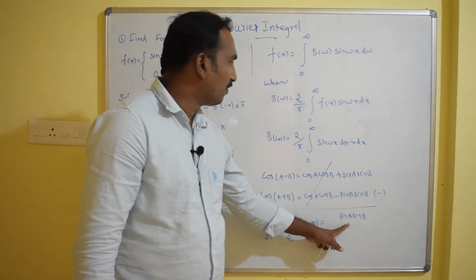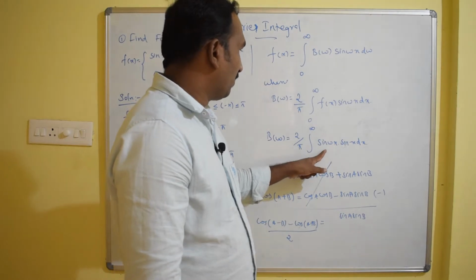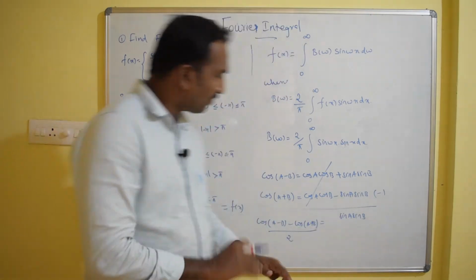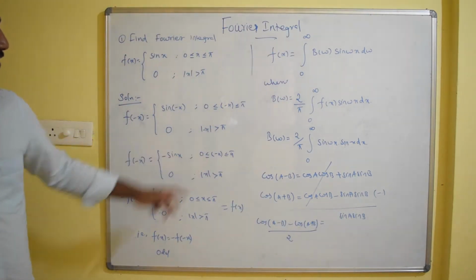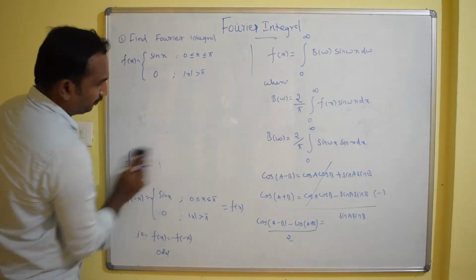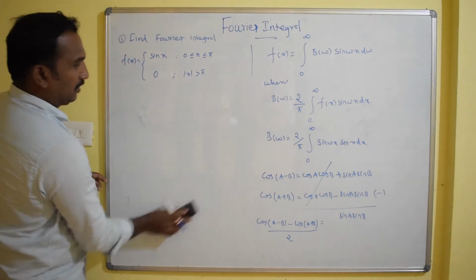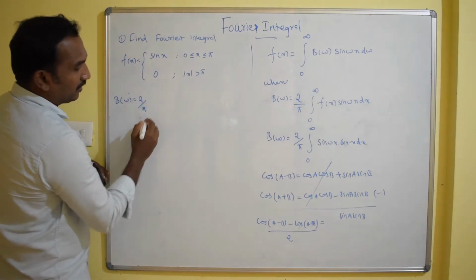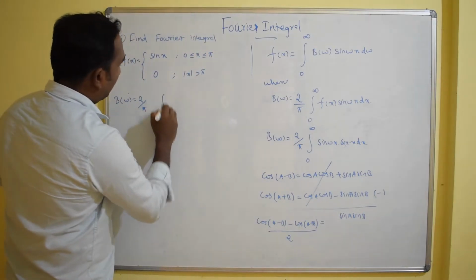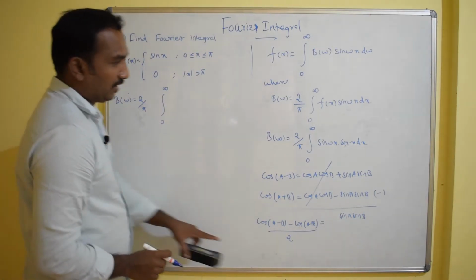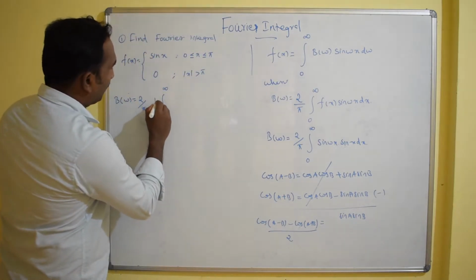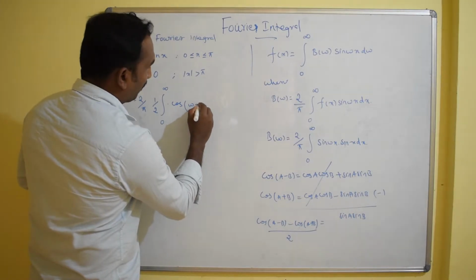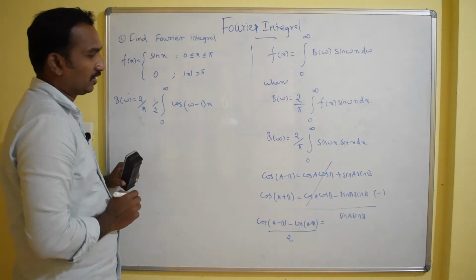So in place of a I have omega, and in place of b it is 1, so directly I'm going to substitute these values here. So what I'll get: b of omega is equal to 2 by pi integral 0 to infinity, and this will become 1 by 2, right? Then cos of omega minus 1 into x, correct?